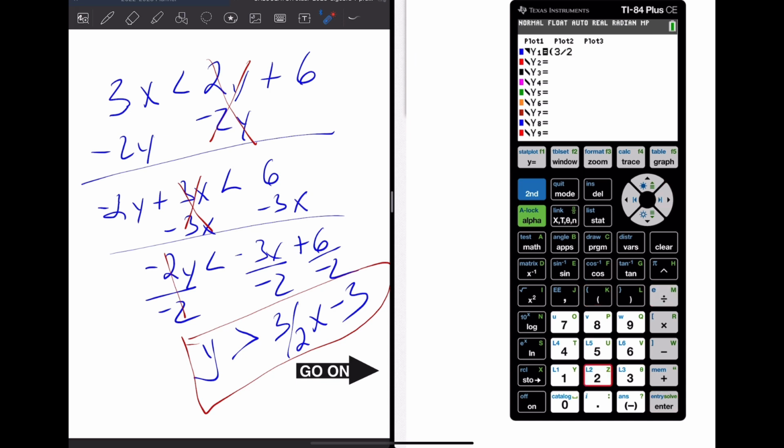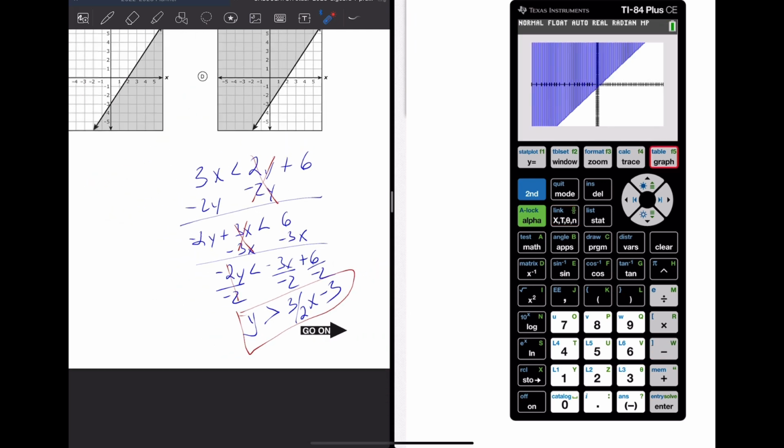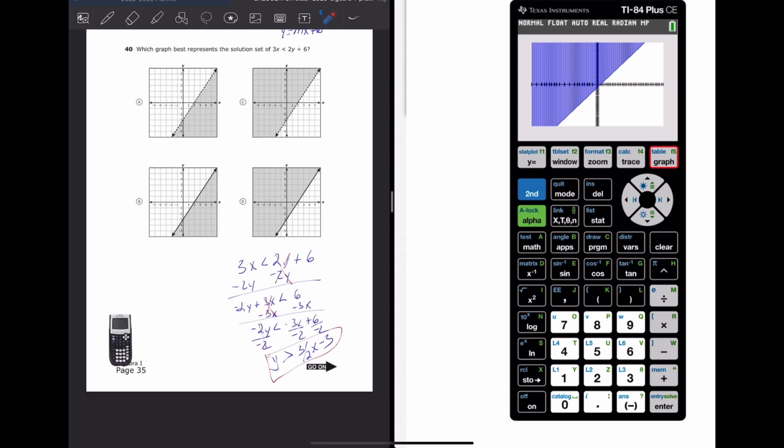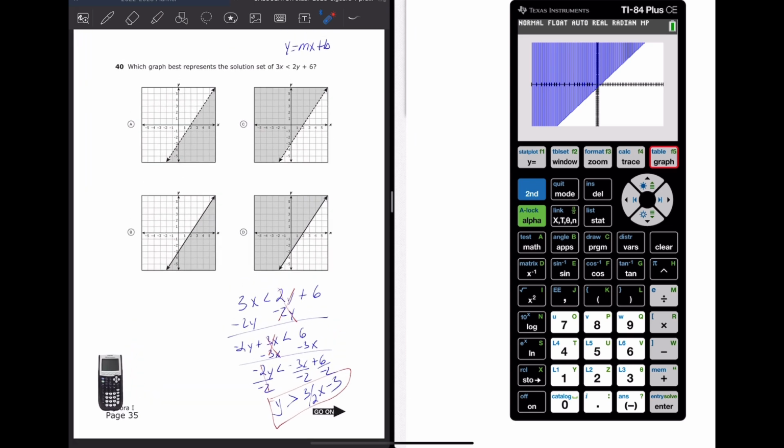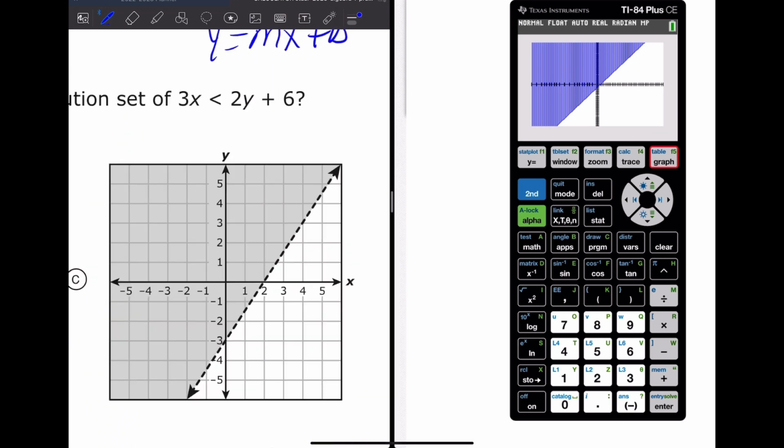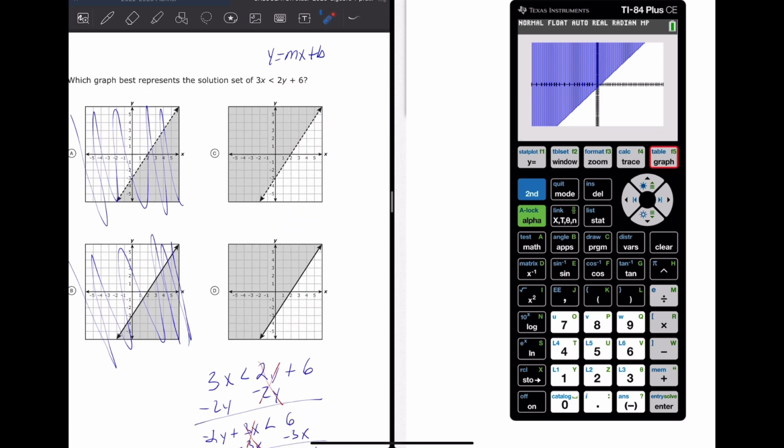Again, remember to put parentheses around the fraction. We can eliminate the choices that are obvious. Now keep in mind, our inequality symbol does not have a line at the bottom to indicate or equal to, so it would be a dotted line.